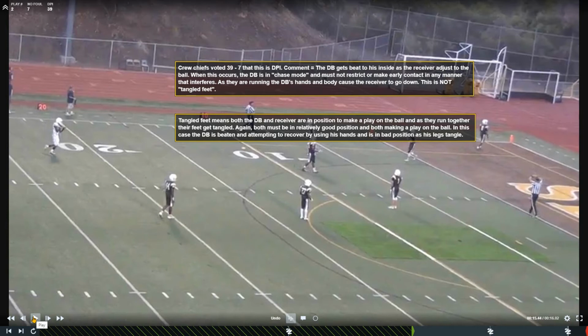This is not tangled feet. And so I agree with this. I would really have a problem with no call on this particular play. But again, discuss it and hopefully come to the same conclusion.